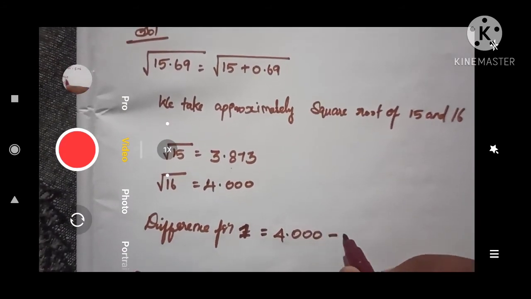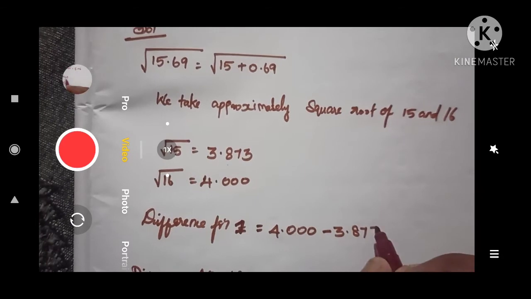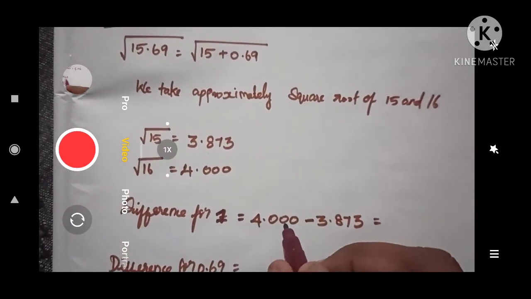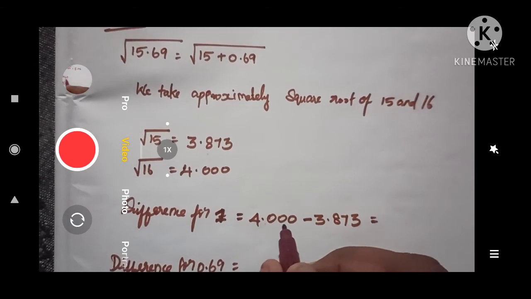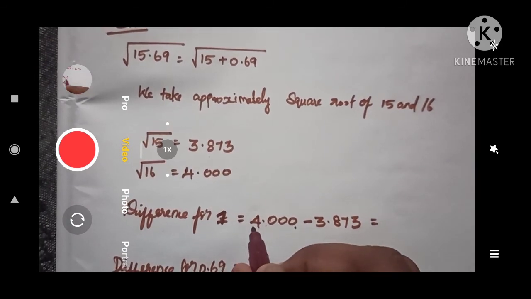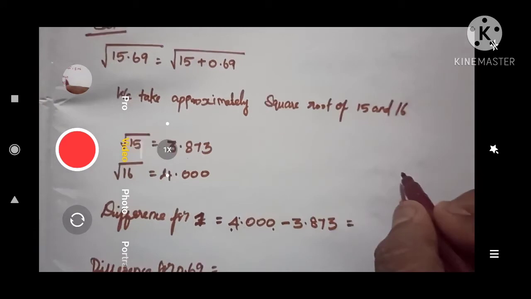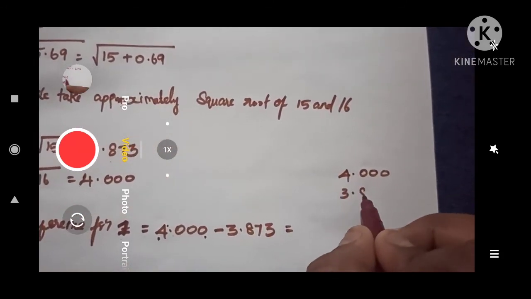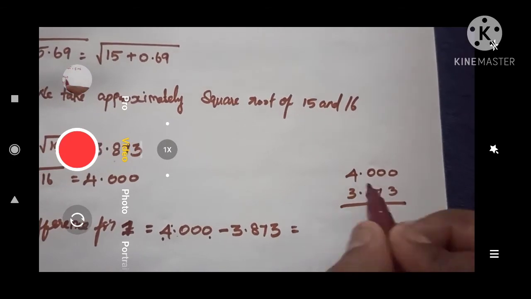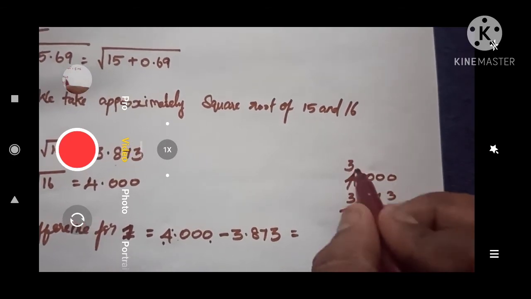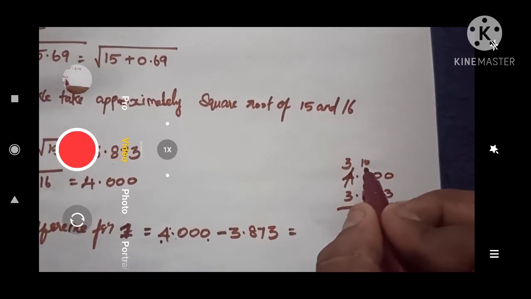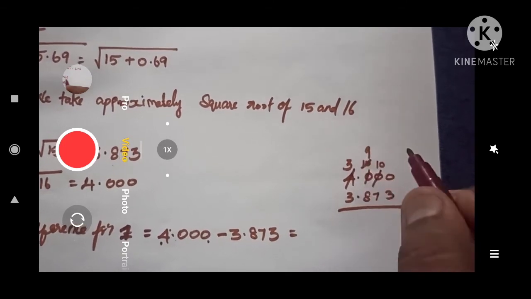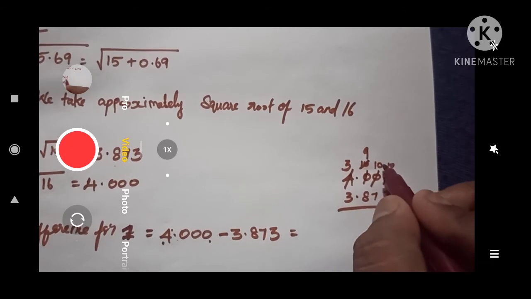So you need to find the difference. 4.000 minus 3.873. If all the values are 0, you take a borrow from here. So 4 becomes 3, this one becomes 10, and now you give 1 to here so this one becomes 9, and this one becomes 10 and this one becomes 9.